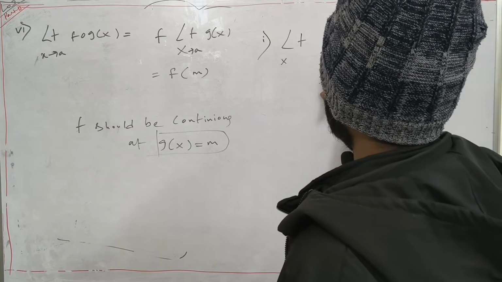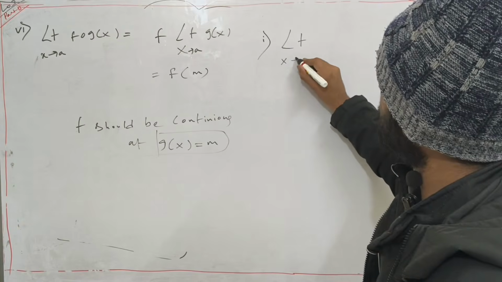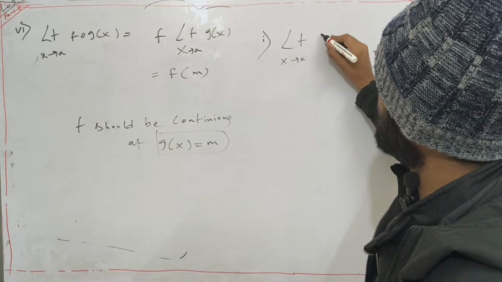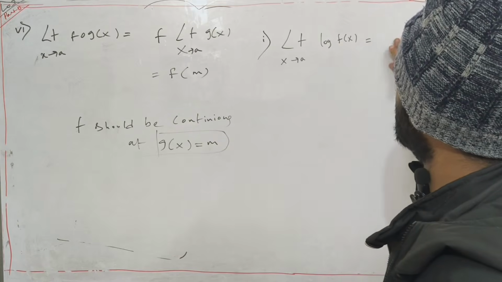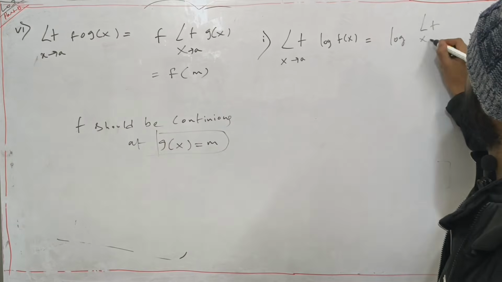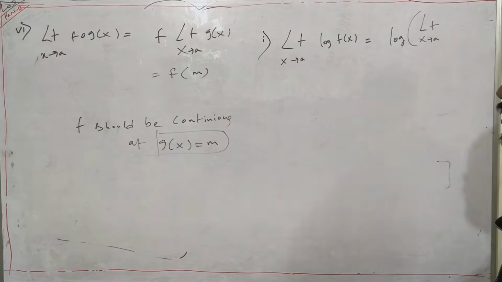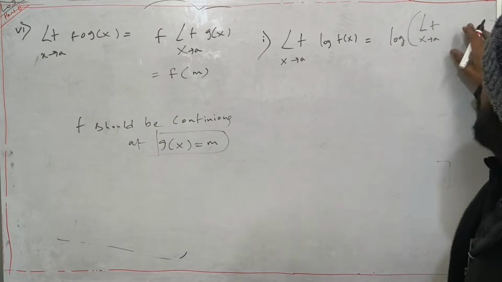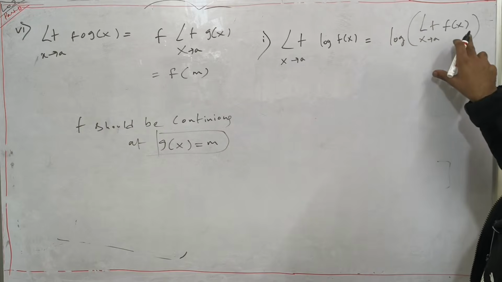Okay, and this is used at times. Limit x tends to a: when they give a question with log of f of x, then we can take the log term outside, and this equals log of limit x tends to a of f of x.